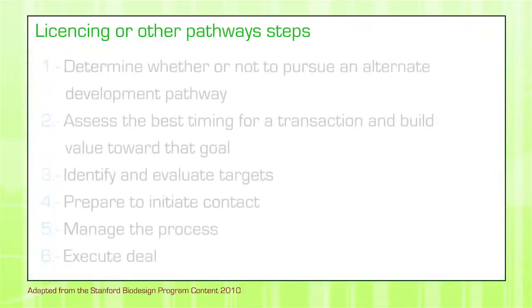what could be the basic steps also for trying to lay out some licensing or other pathway if you don't want to have a standalone business with your technology? Well, first, try to determine whether or not you want to pursue this type of development pathway.